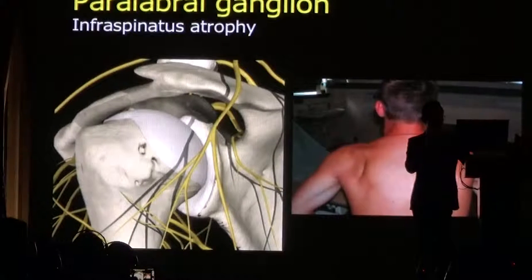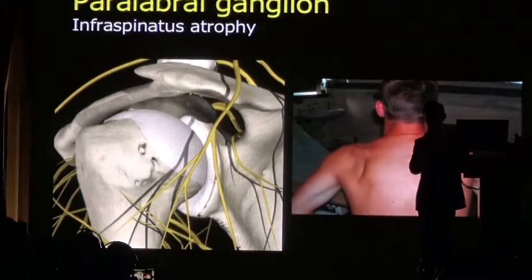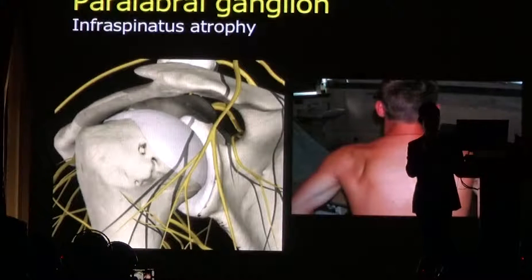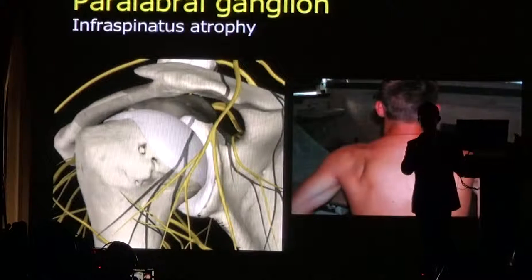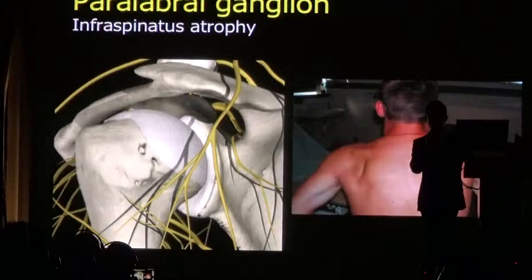And then we're now moving on to a pathology actually arising from the shoulder joint itself. In some patients, they can present with infraspinatus atrophy or painful rotator cuff muscles.